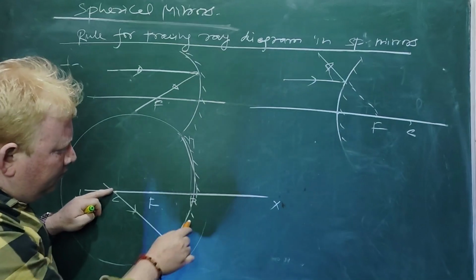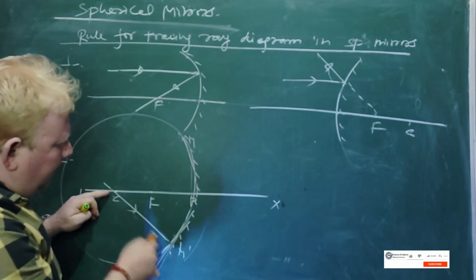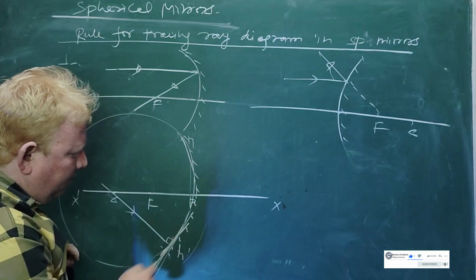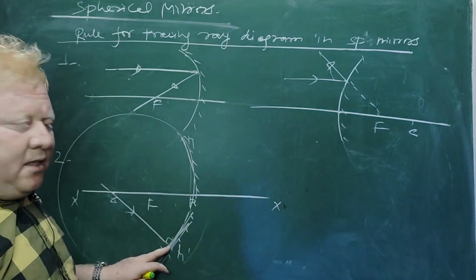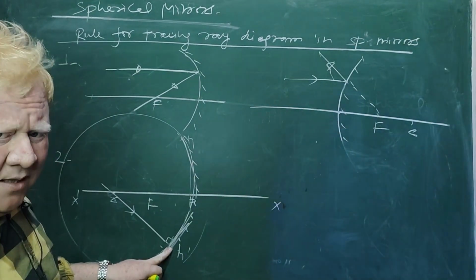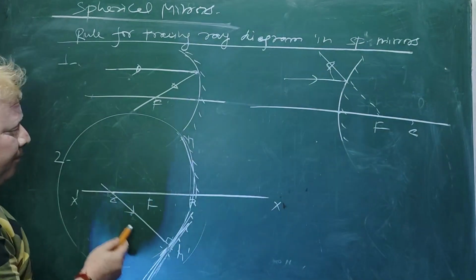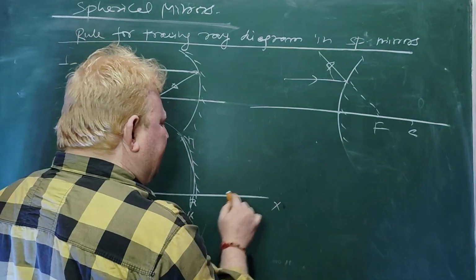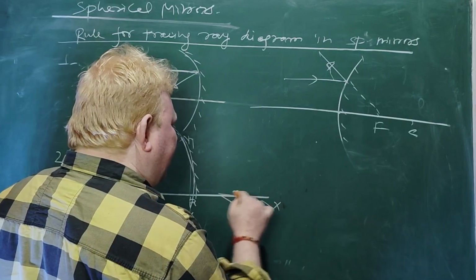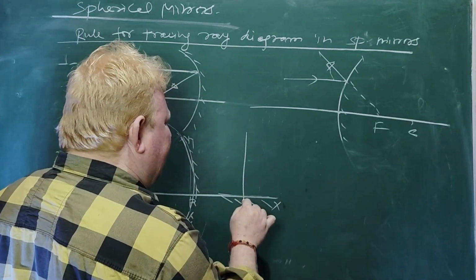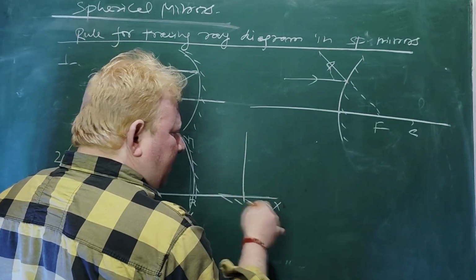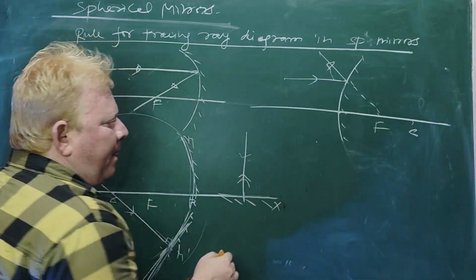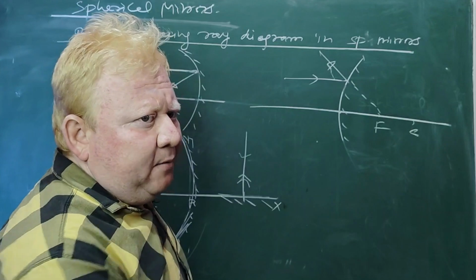The radius drawn from the center is perpendicular to the tangent at the point of touching. According to the principle of reversibility, any light ray incident normally on the surface will retrace its path.